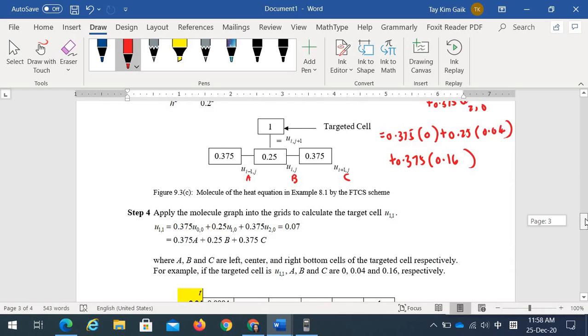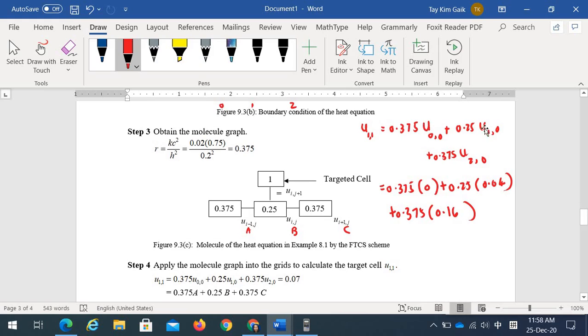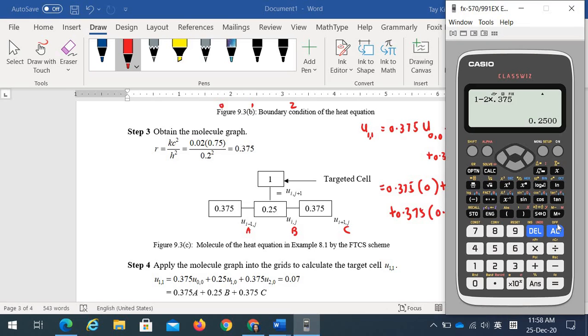Then we have a lot of steps, right? You write this one, and then write the values. Then plug in your calculator: 0.375 times 0 plus 0.25 times 0.04 plus all these things you plug in.